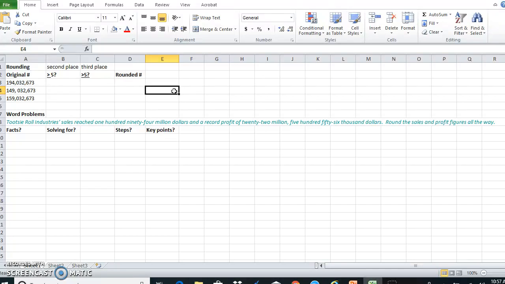Now, one of the main things to do is to read the instructions to your problem, because this is going to be important. If we're rounding a number, we need to know what to round it to. So for instance, if we are rounding to the nearest 100 million, that is very different than rounding to the nearest 100. Because the ones here are in the 100 million place, and the sixes here are in the hundreds place.